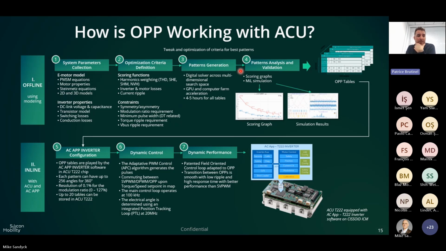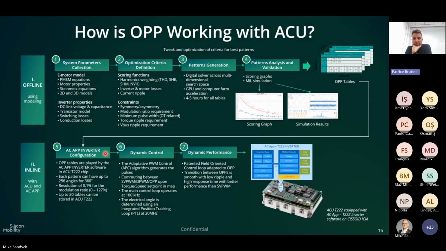And this is what we call the second phase, the inline phase, using our semiconductor and our motor control software. So we configure the software. The ASIAP inverter software provides many configuration and calibration parameters to adapt and calibrate the software as a function of the customer system, the electric machine, the inverter.